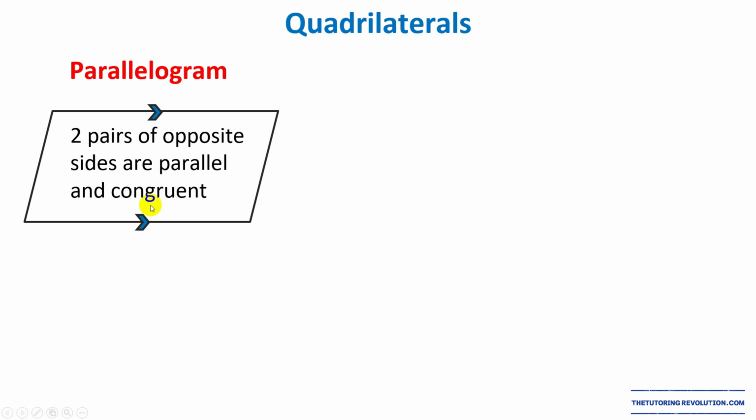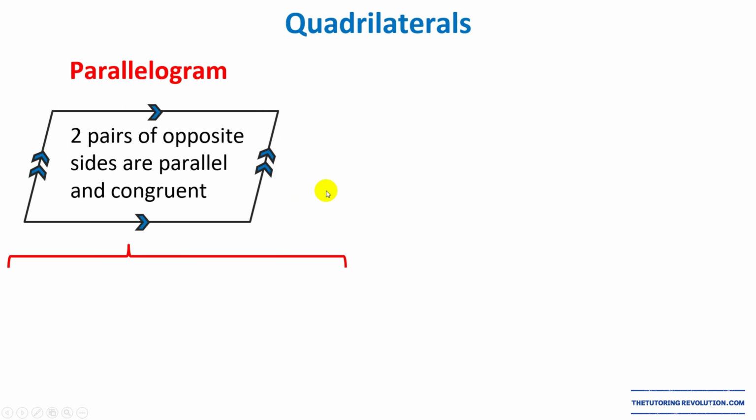We indicate that these two are parallel to each other by writing these arrows. These opposite sides here, labeled in red, are congruent and they are parallel, as indicated by labeling each of these sides with two arrows.